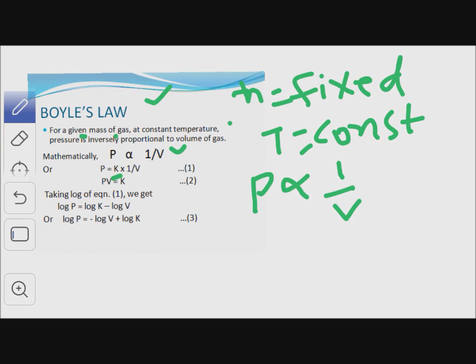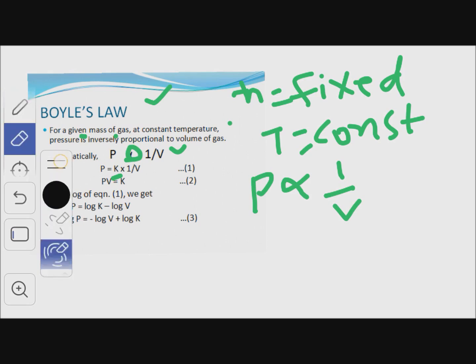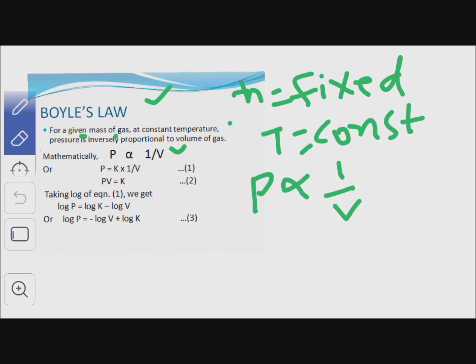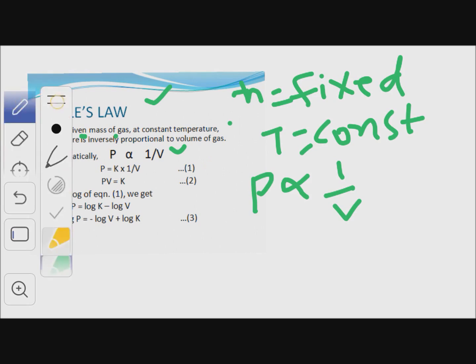When we remove this sign of proportionality, we always put some constant, which is here K. K is the constant of proportionality. And this is equation number 1. Or we can write it as PV is equal to K and name it as equation number 2.